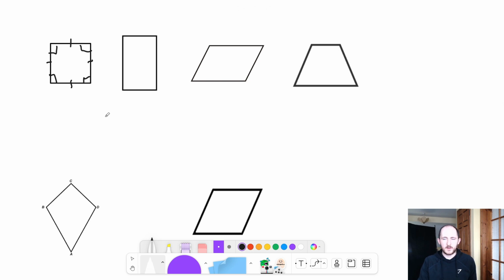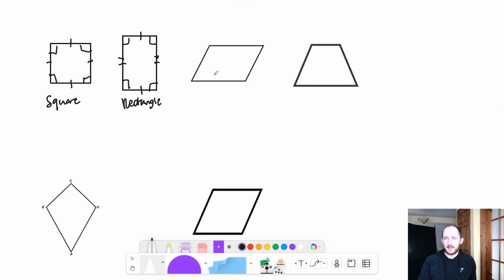Fascinating, right? Actually, let me write out the names. With a rectangle, and this is the key part here, only the opposite sides are equal. And they're parallel to each other, hence why it's a special type of parallelogram. And all of the angles are 90 degrees. Those hopefully aren't really too spectacular.